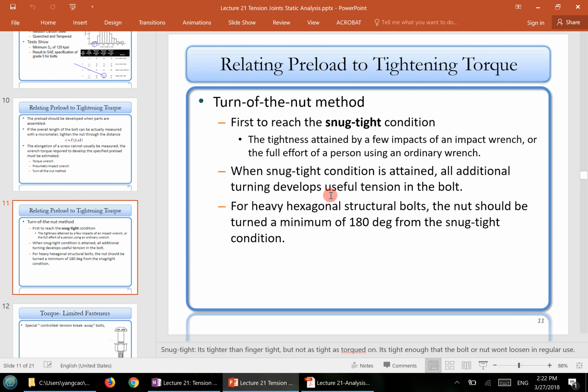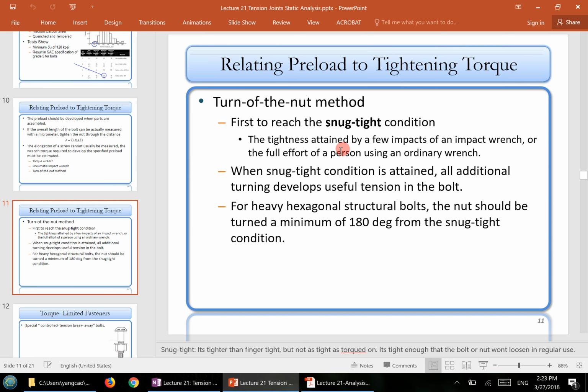It's called the turn of the nut method. This is when you don't really have any tools and you want to approximately apply the right amount of preload. The approach is, first you reach the so-called snug tight condition.